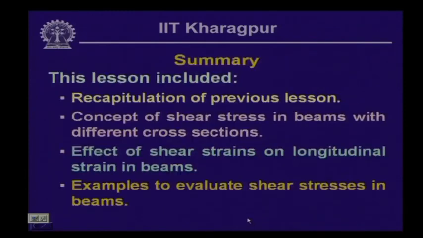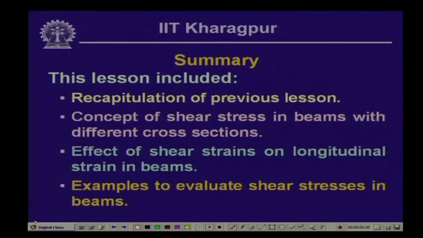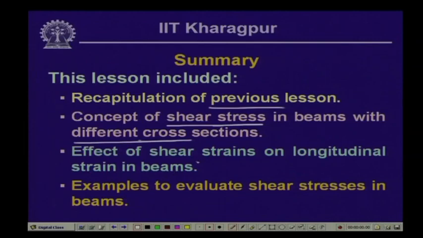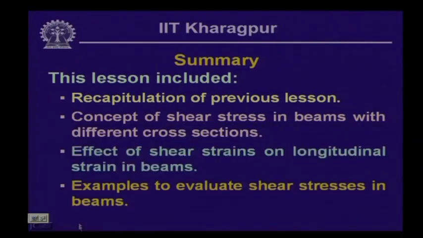Well, now to summarize what we have discussed in this lesson: we have recapitulated the previous lesson. We have introduced the concept of shear stress in beams with different cross sections other than the rectangular one. In the previous case, we had discussed a rectangular cross section, but here we have discussed the circular, T or I sections, and then the effect of shear strains on longitudinal strain in beams. Also, we have looked into some examples to evaluate shear stresses in beams.